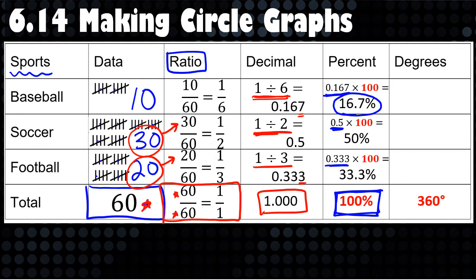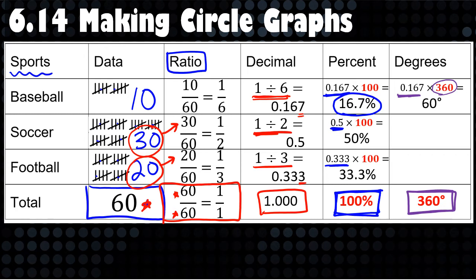So what about degrees here? In order to figure out degrees, I know that in my total circle it comes out to 360 degrees. So very similar to the way we did percent, we're going to figure out degrees. Degrees is going to be the decimal times 360. So I'm going to figure out what part of 360 degrees is going to be the baseball portion of the circle graph.